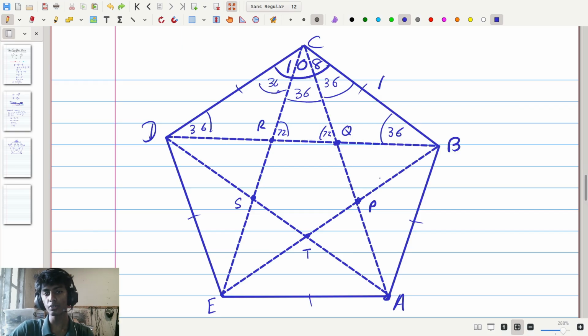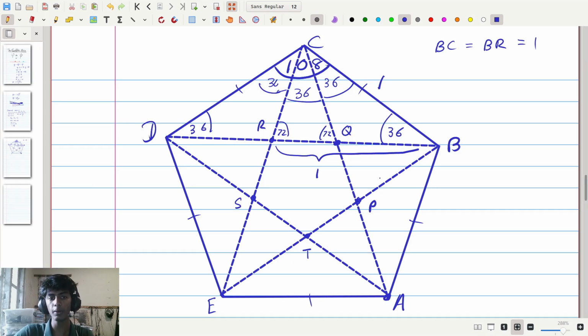If this triangle is isosceles, then the two corresponding side lengths BC and BR must be equal. So we can see on the corner here, BC must be equal to BR. So now, if BC is equal to BR, that means that the length BR must be equal to the length BC. The length BC is 1. Therefore, the length here BR is also equal to 1.